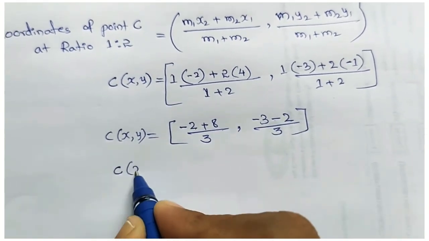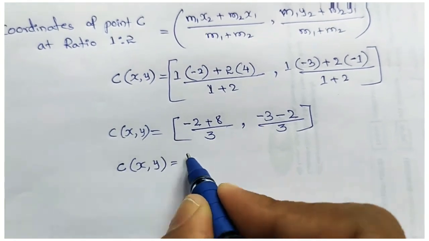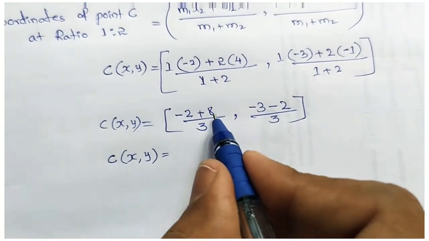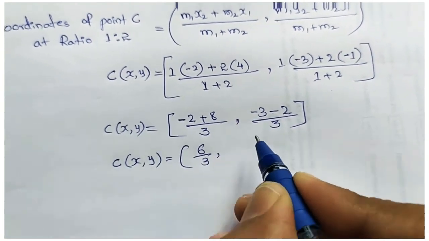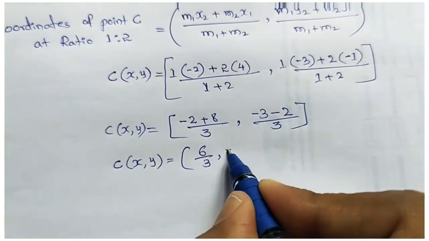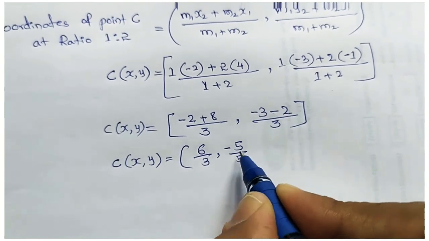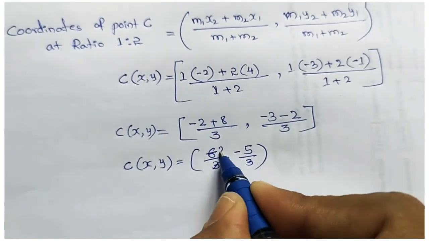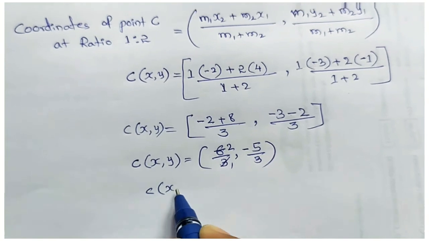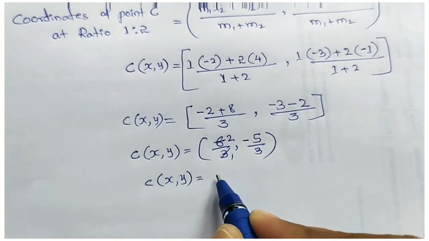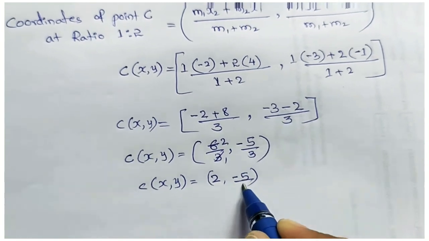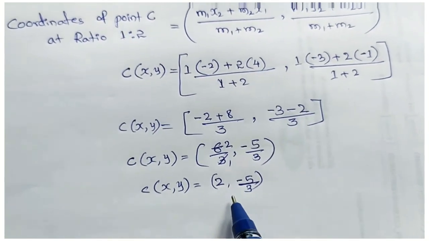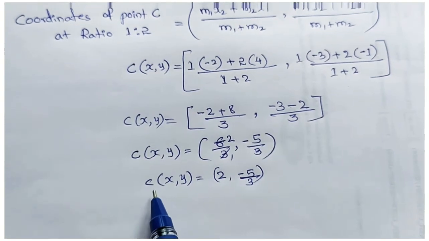So C of x, y equals minus 2 plus 8, 6 by 3, that is 2, and minus 3 minus 2 that will be minus 5 by 3. So C of x, y gives us 2 comma minus 5 by 3. Okay, so this is our coordinates of the point C.